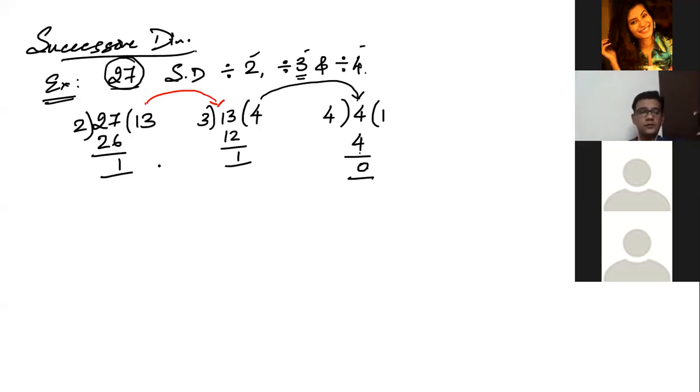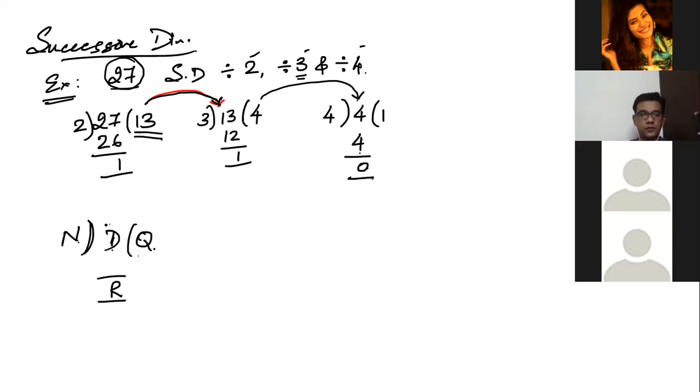So in a successive division, I have to remember that the quotient of the first division becomes the, what are the terminologies used? D is called the divisor. Sorry, D is called the dividend. N is called the divisor. Q is called the quotient. And whatever I get here, R is called a remainder.